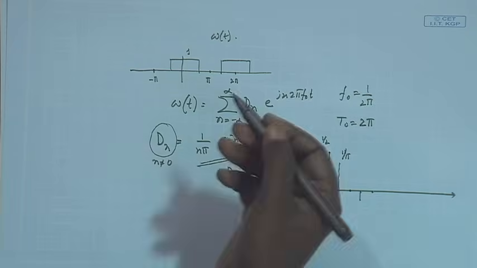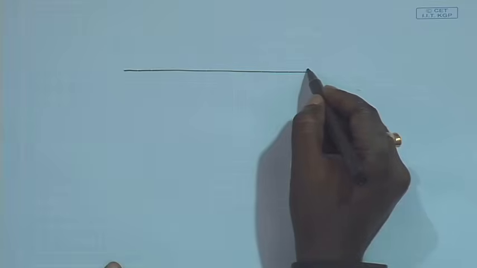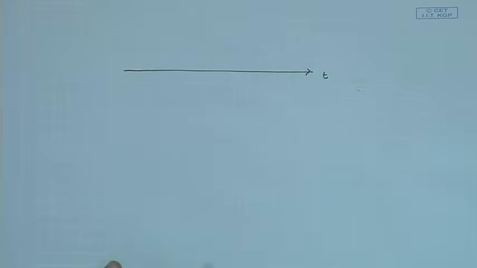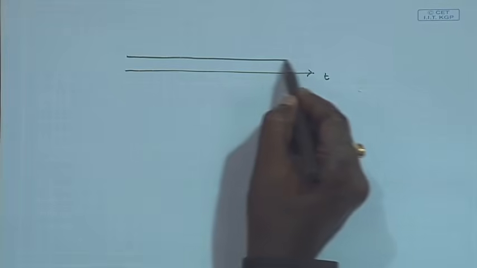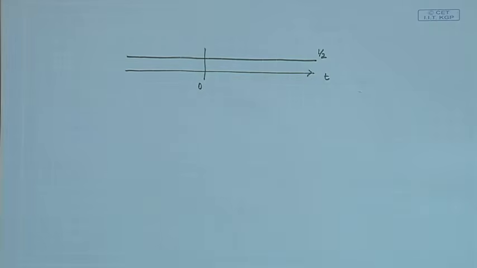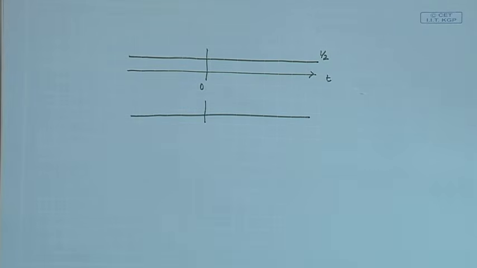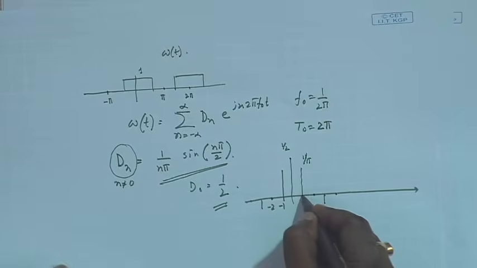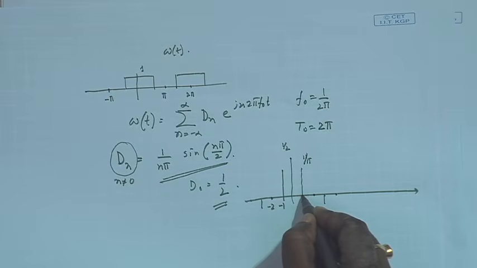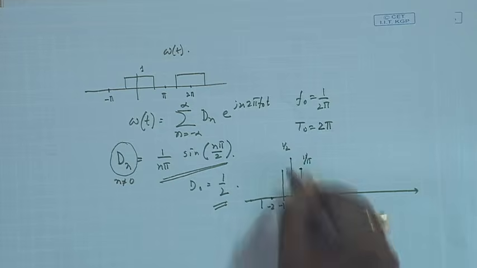So, if you wish to plot this, it should be something like this, all the basis functions. d0, so that is in time if we just plot. So, that is actually a half strength DC, where the strength is half, defined from minus infinity to plus infinity. Next is at frequency 1 Hz. So, it is a sinusoidal, or we should say cosinusoidal, with amplitude 1 by pi.